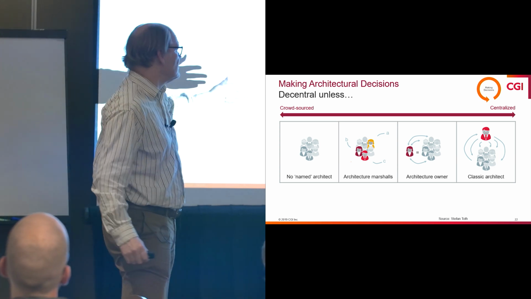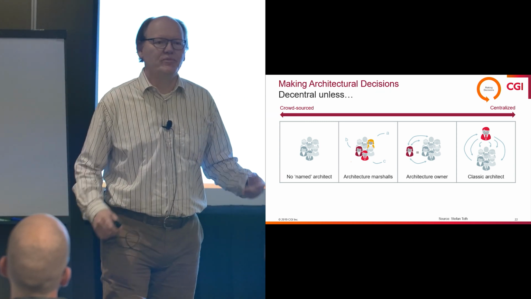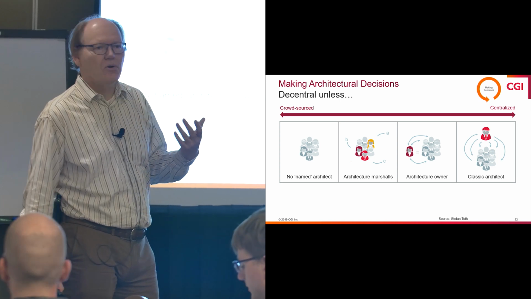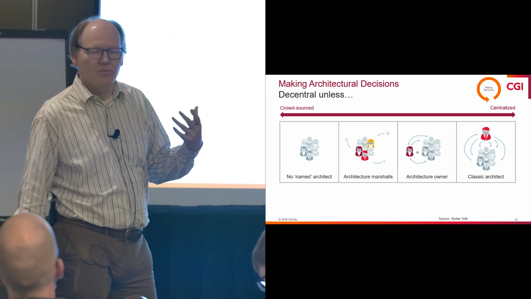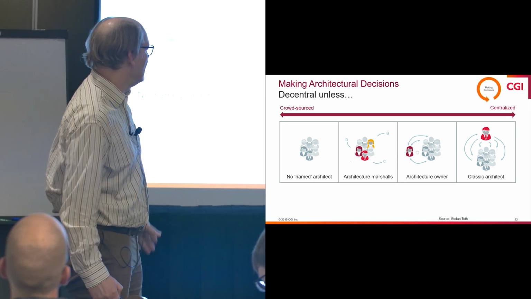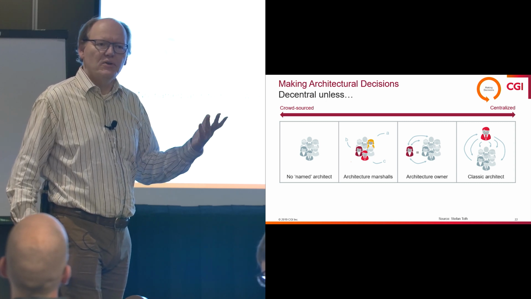There's also architecture marshals, which is a little bit less ownership than architecture owners, but still we have people in the teams that administer or coordinate some changes, the more important or more difficult changes to certain components in the architecture. So now how do you see, how mature are you here?